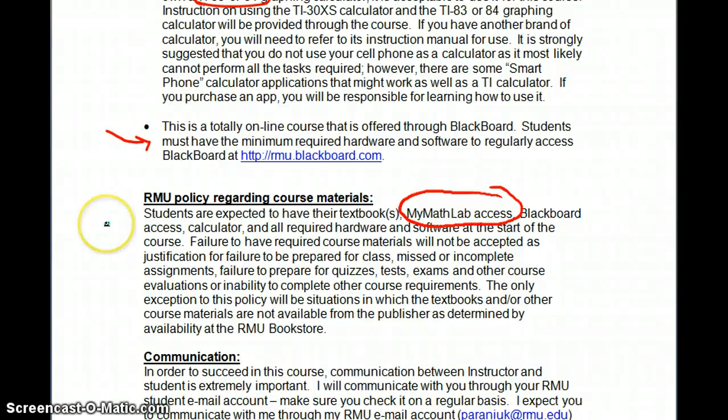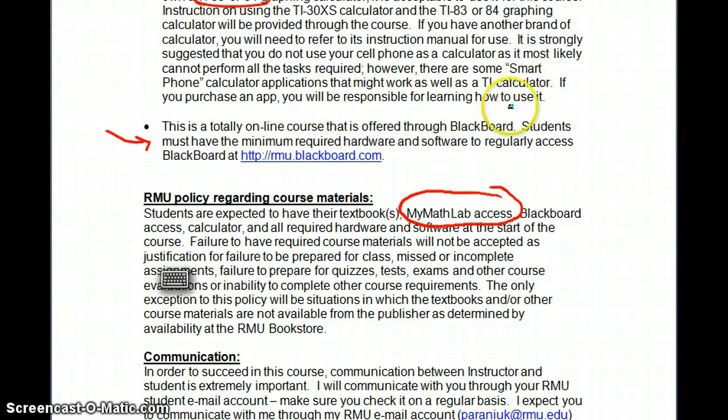So I will not give you an extension on assignments, and it's just failure to be prepared. So you need to make sure that you have everything that you need over the next couple of days so that you can get started on our assignments and be ready for class.